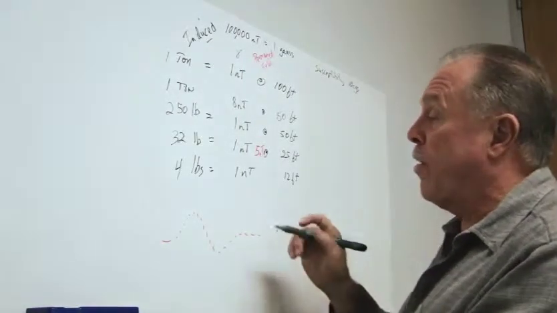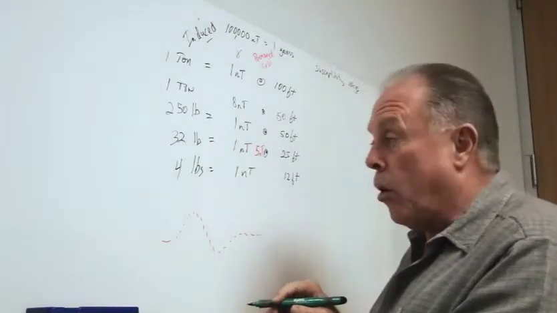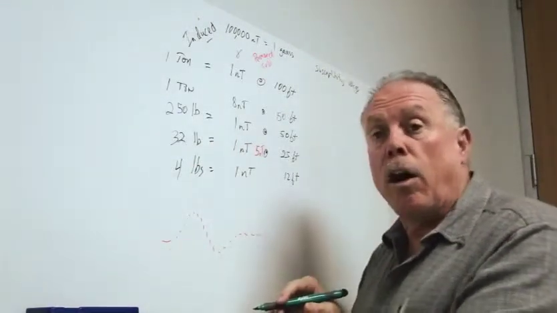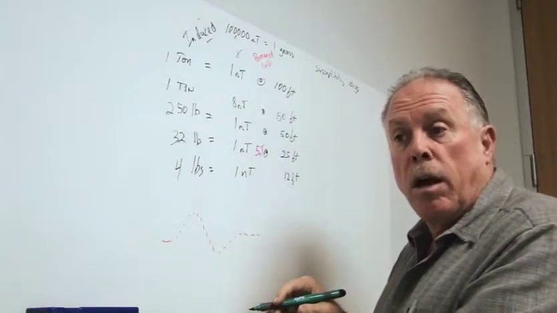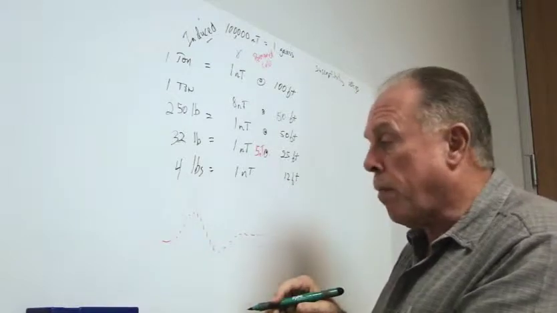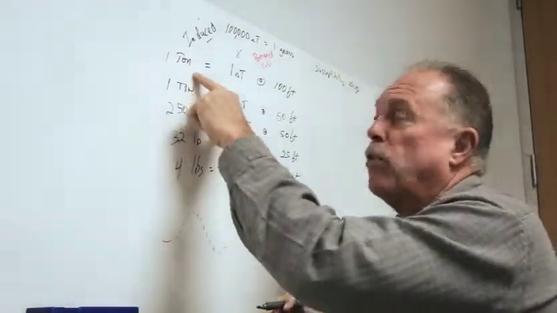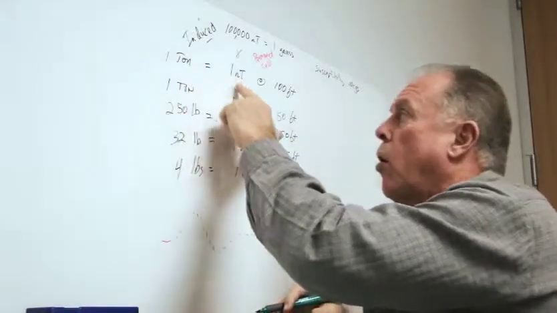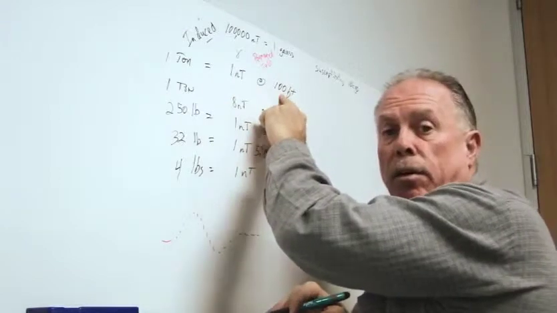And this has to do with the fact that most objects that we are looking for are hollow. So let's say we are looking for a car that has been driven into a lake or an estuary, and the police are looking for the car. Well, perhaps the car weighs 1 ton. So we would expect to see 1 nanotesla at 100 feet.